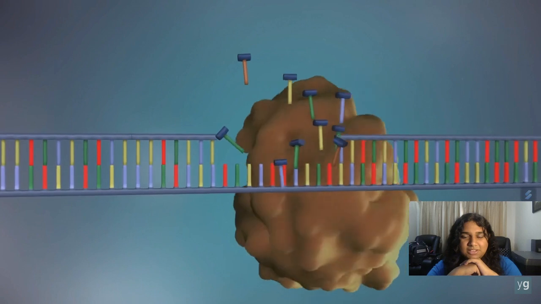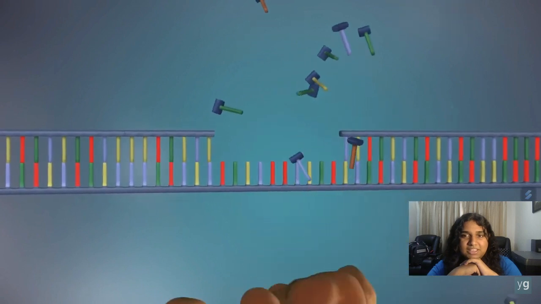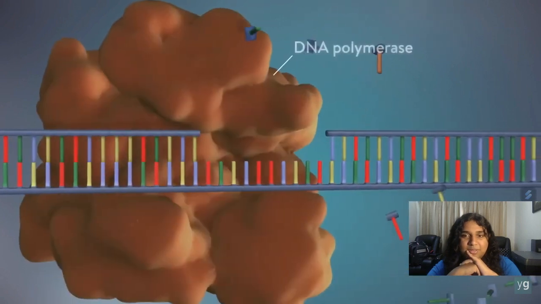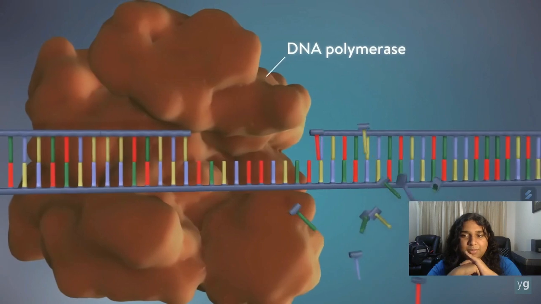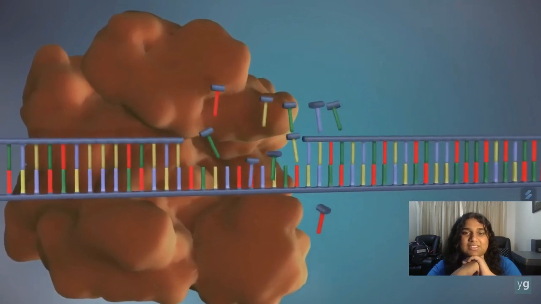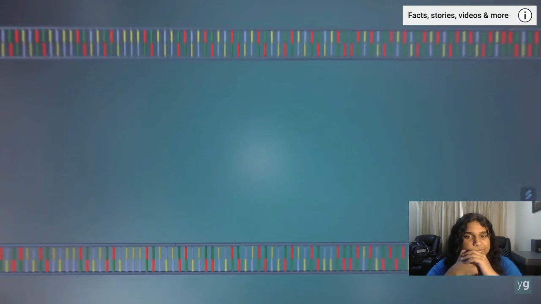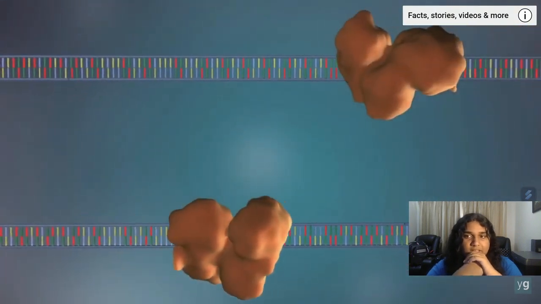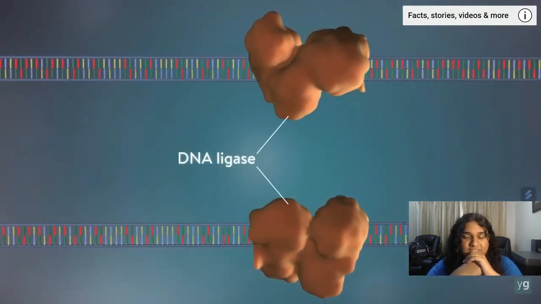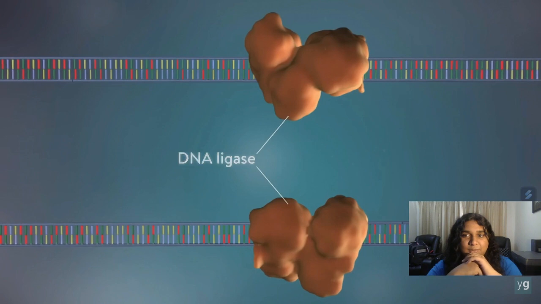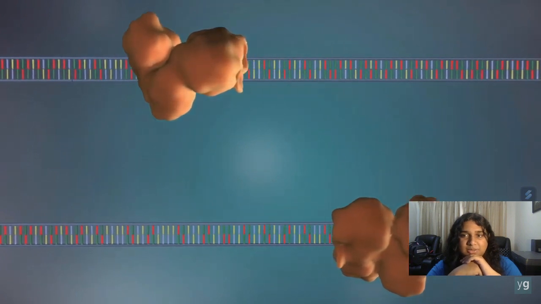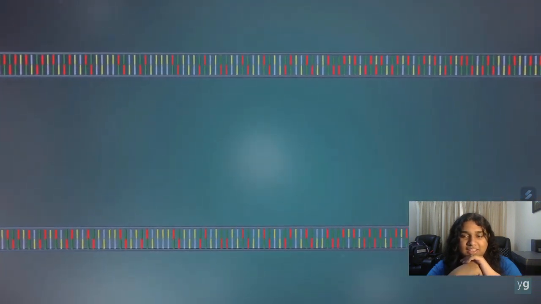Exonuclease is something that you don't need to know about, but essentially it gets rid of the primer and DNA polymerase can come in and replace everything with DNA. So after that, DNA ligase will come in and seal all of the bonds between the leading strand and the lagging strand.